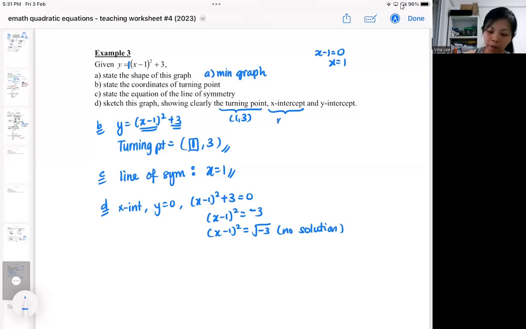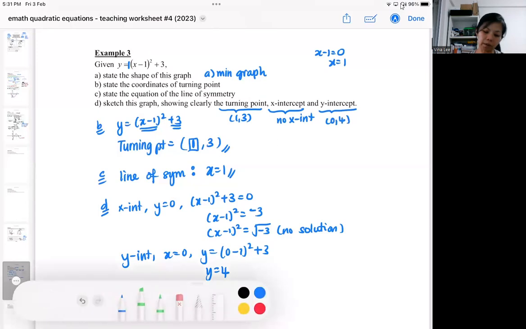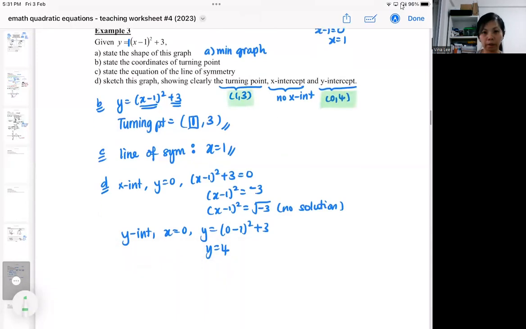So there won't be an x-intercept. Let's get the y-intercept by putting x equal to 0.